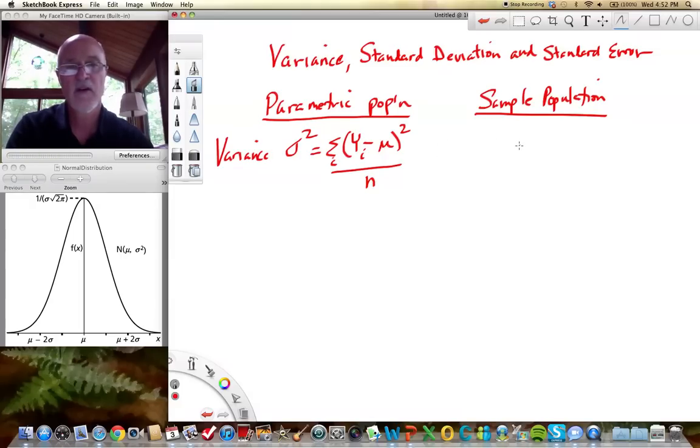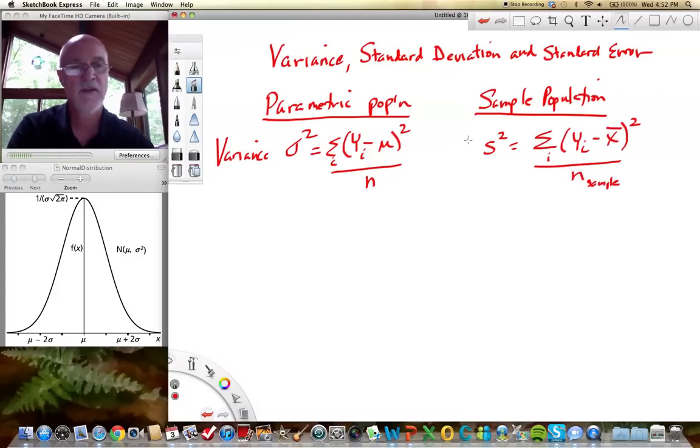Typically, our sample population will be an estimate of that, and we use the letter s squared to indicate that, and to talk about the difference between it. So the difference is going to be, we're going to subtract the estimate of the parametric mean from the observations, and sum over all i observations, and divide by the n of the sample.